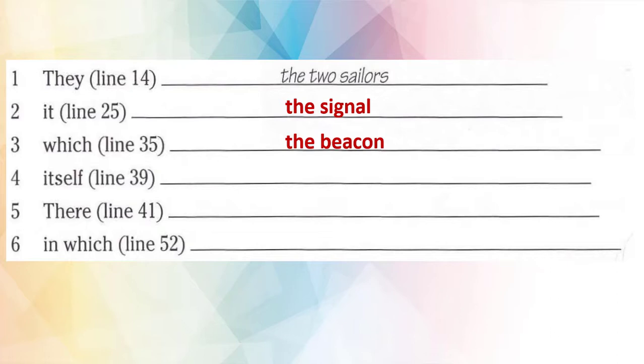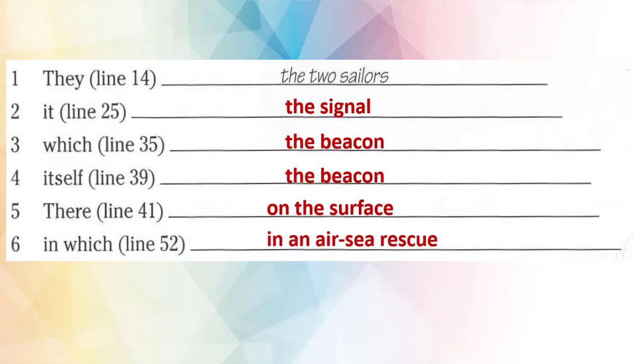Itself in line 39 refers to the beacon. Number 5. There in line 41 refers to on the surface. Number 6. In which in line 52 refers to in an earthly rescue.